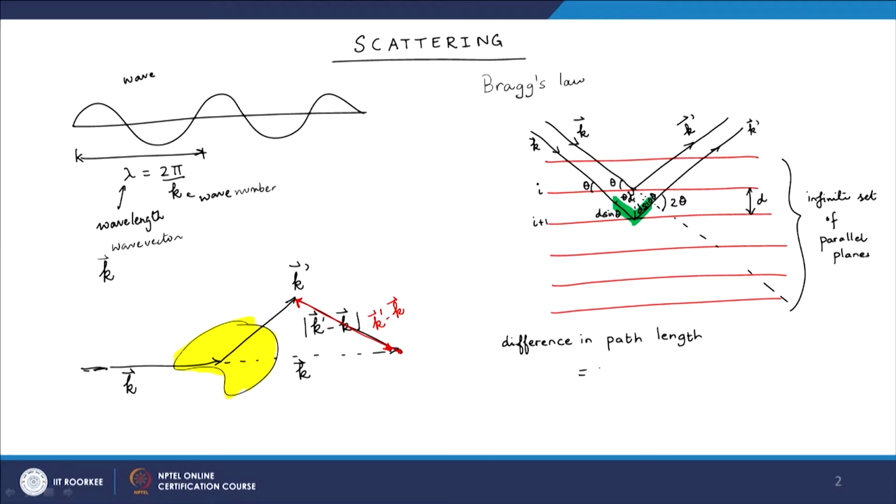So, difference in path length becomes 2d sin theta, and this is equal to n times lambda, where n is an integer and lambda is the wavelength of the fluctuations that we have in the system, in the light source.